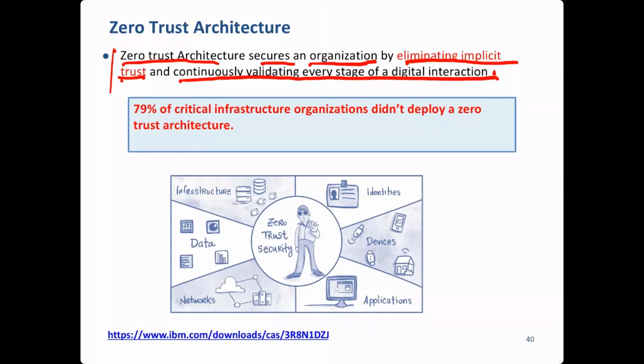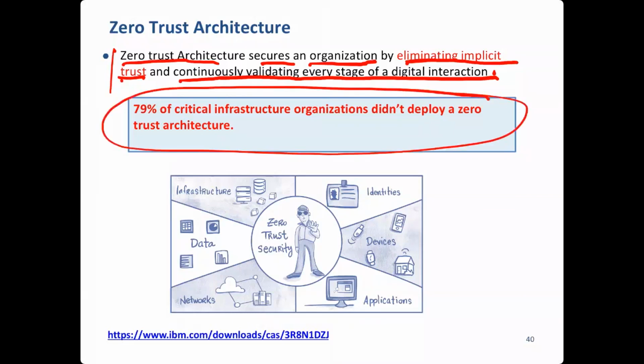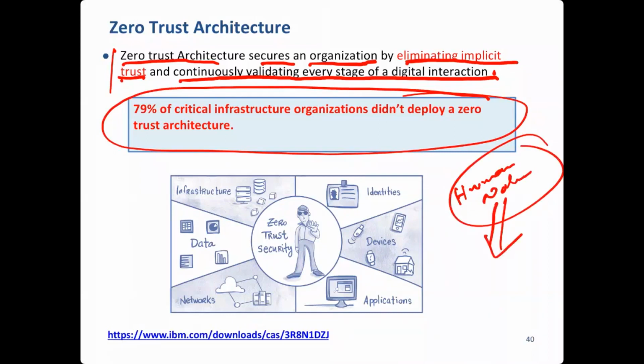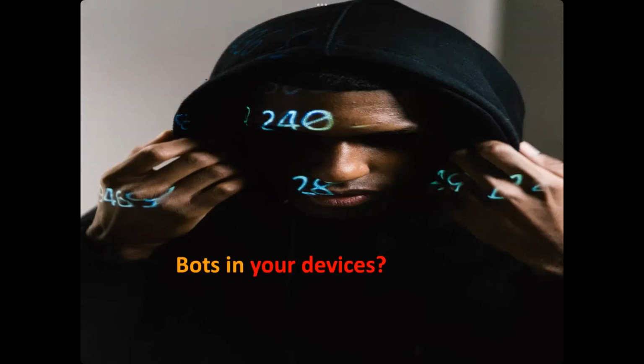And still 79% of organizations don't apply this, because of human nature, right? What will people think, why should we do that, that's not really needed. Okay, so last part and then we'll close.